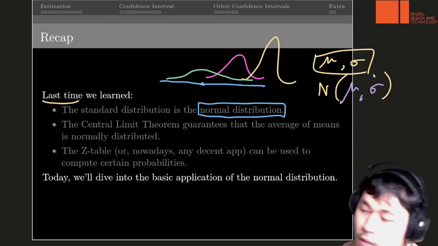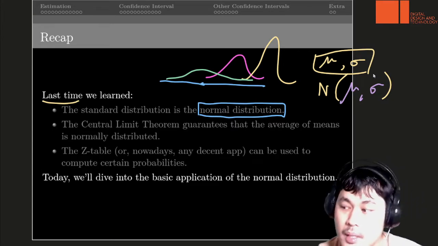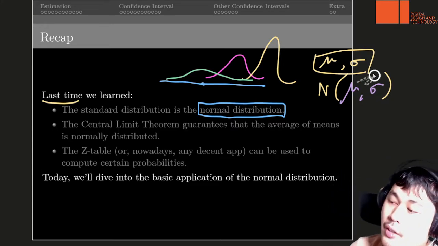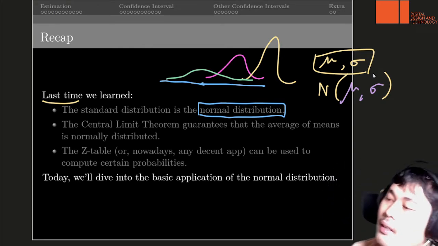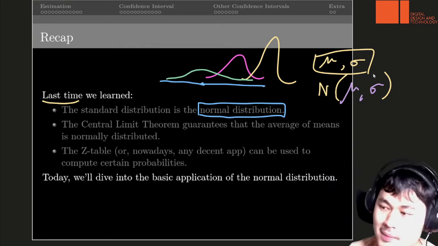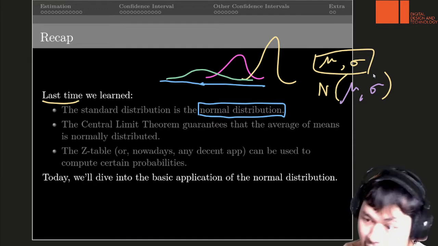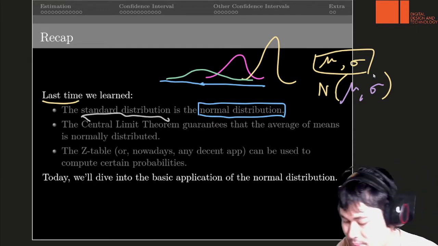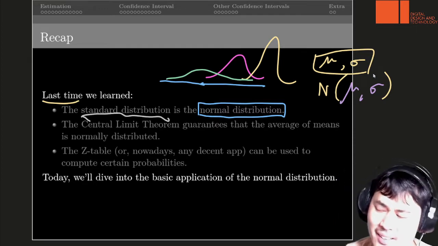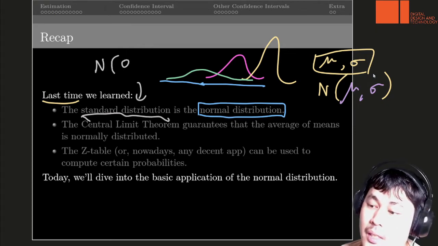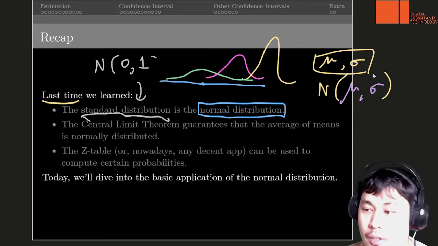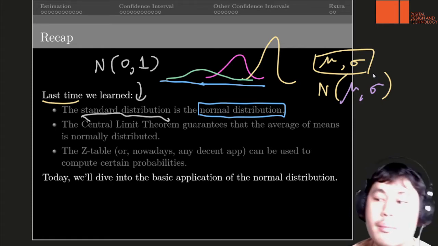So if you pick mu and you pick sigma, then you can plot a graph and use an app to help you compute lots of values. And then we focus on the standard one because that's easier to understand and the numbers look nicer. This is the special case when the average mu is 0, and the standard deviation sigma is 1.